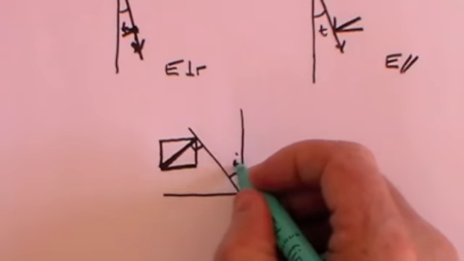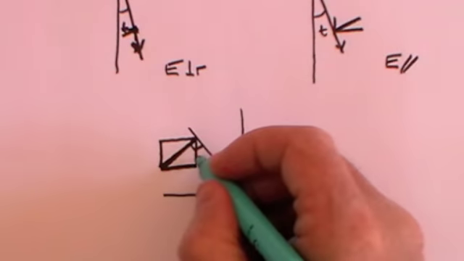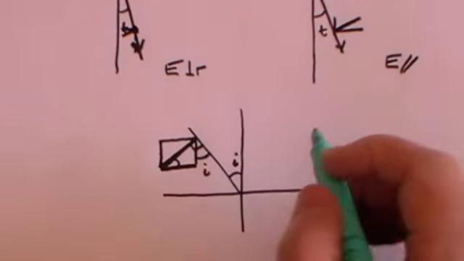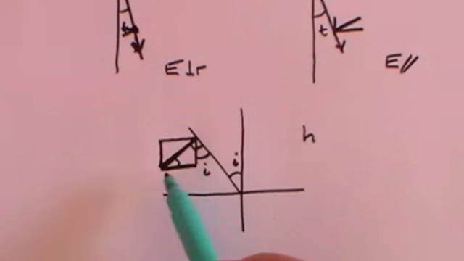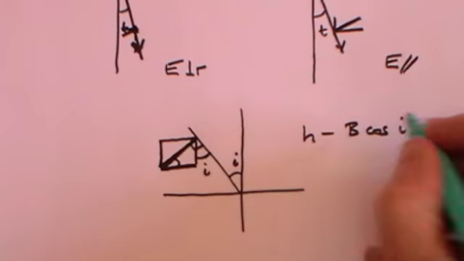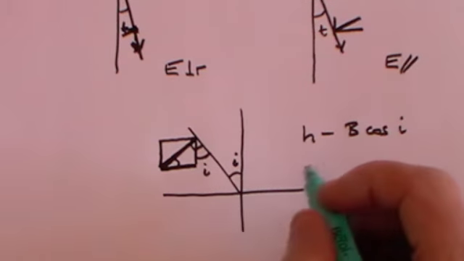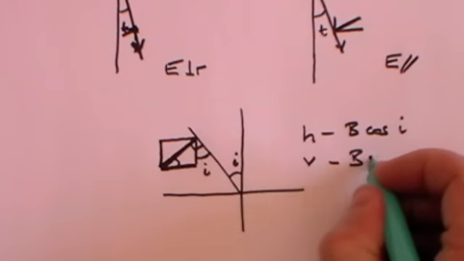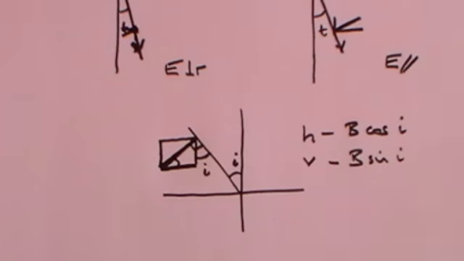Now if this angle here is the angle of incidence I, then that angle there will also be the angle of incidence I, and that angle there is also I. And that tells us that the horizontal component of the B field will be B cosine I, and the vertical component of the B field will be B times the sine of I. That's just resolving the component parts.